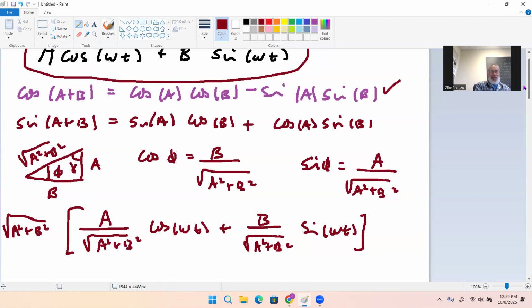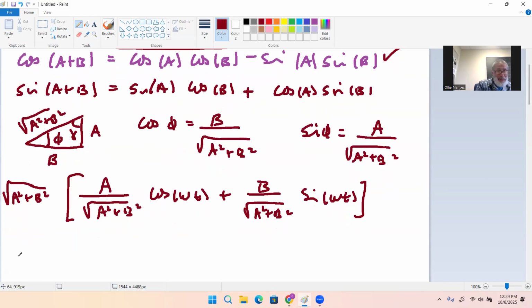Now, let's try to fit this into this template here. What this means is that a over the hypotenuse term is going to be the cosine of gamma.